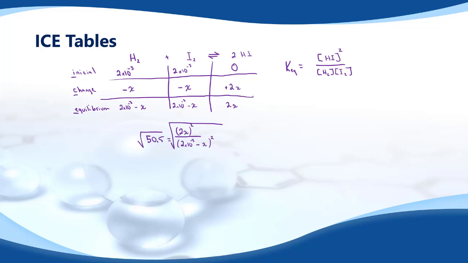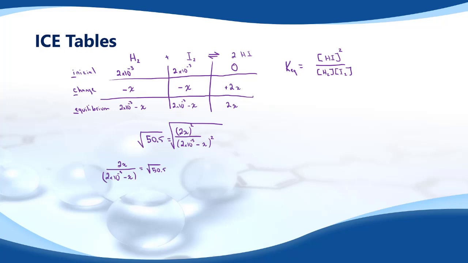So I'm going to get 2x over 2 times 10 to the minus third minus x is equal to the square root of 50.5. From here, take a couple minutes, go through, actually solve for the value of x, and we'll see what you get in a moment.